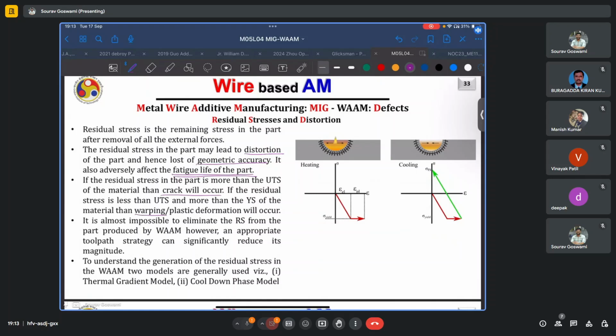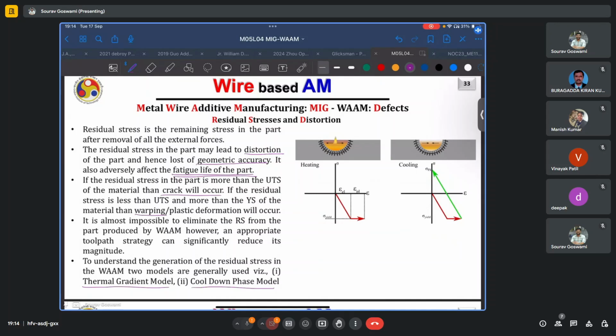These residual stresses are inevitable, and it is almost impossible to eliminate the residual stresses completely from the part produced by WAAM. However, we can mitigate them, and some of the common models which have been proposed to study the generation of residual stresses are the thermal gradient model and the cool down phase model. I am not really familiar with either of them because I don't work in residual stresses, but if someone is, I would be really happy to discuss.